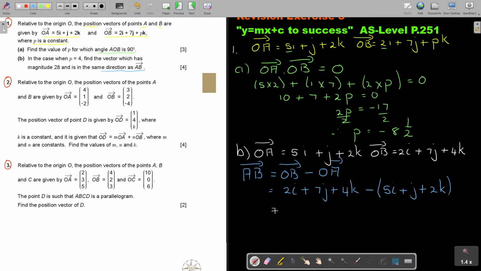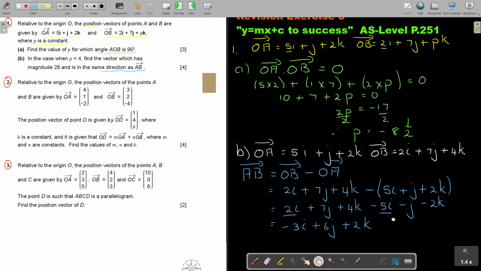That will be equal to 2i plus 7j plus 4k minus 5i minus j minus 2k. If I simplify that, it's negative 3i, 7 minus 1, 6j, and 2k. So that is the vector AB.